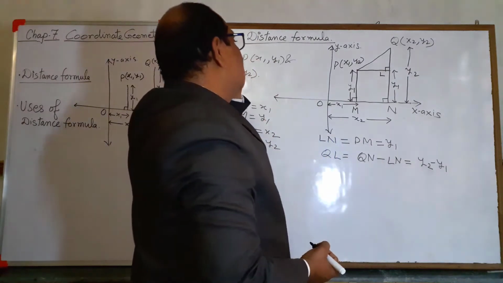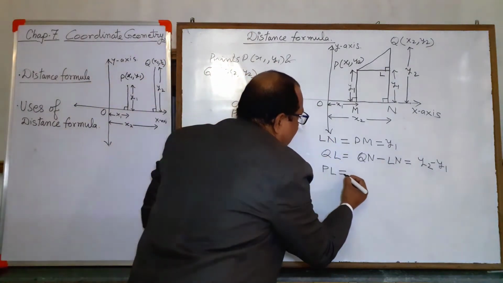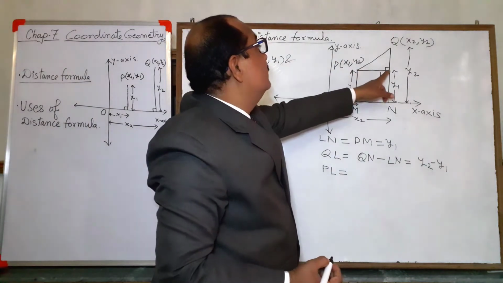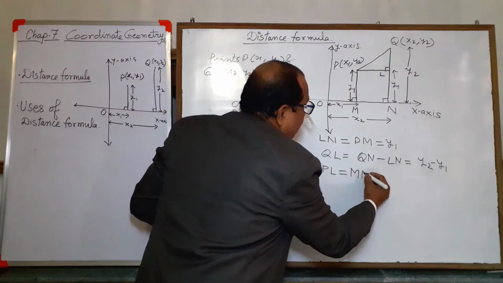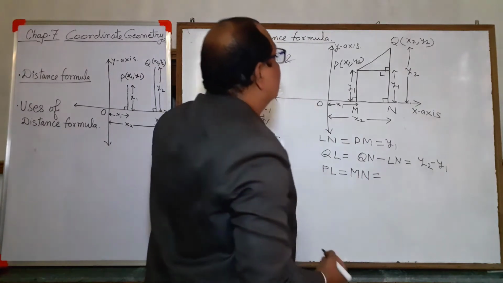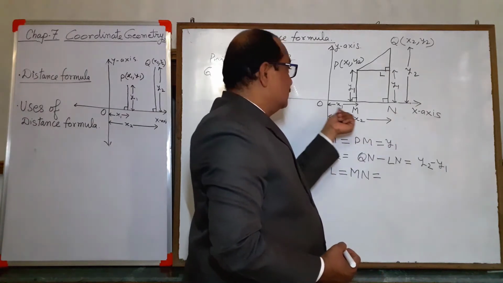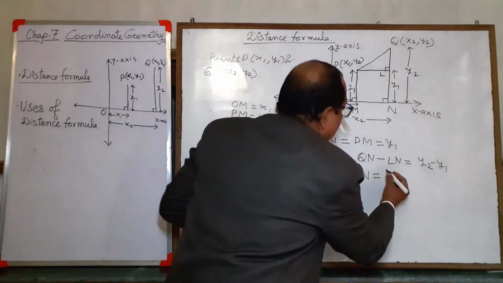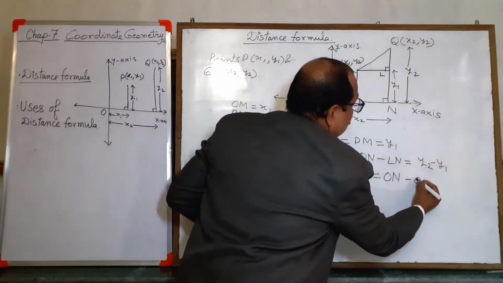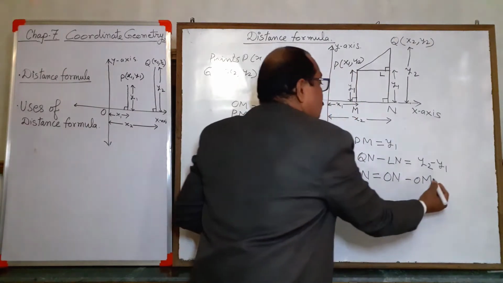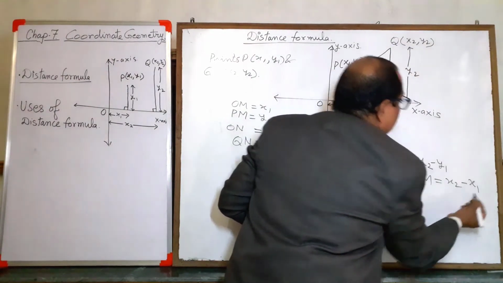Similarly, we can find the value of length of PL. PL can be calculated as it is equal to MN, and MN can be calculated as ON minus OM. Now you can write here x2 minus x1.